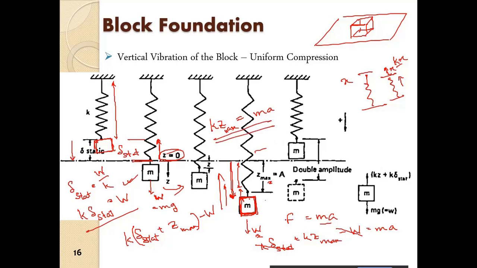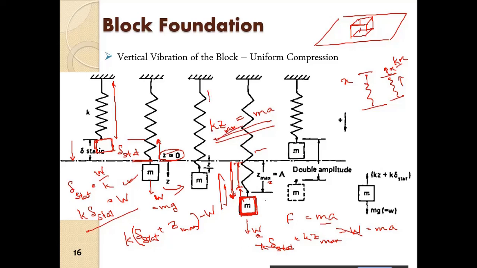This K Z max equal to ma is at the point of maximum displacement. When it is at a distance of Z, the acceleration will also gradually reduce. We will see that also. So we can generalize this equation.